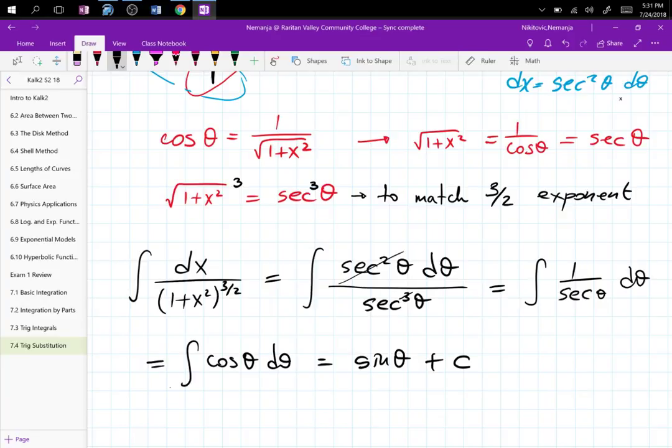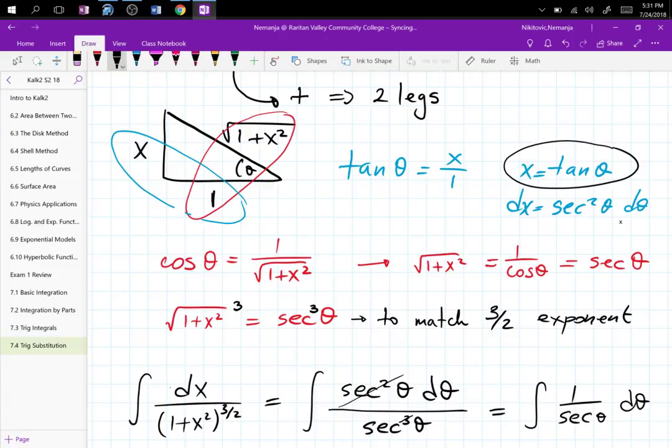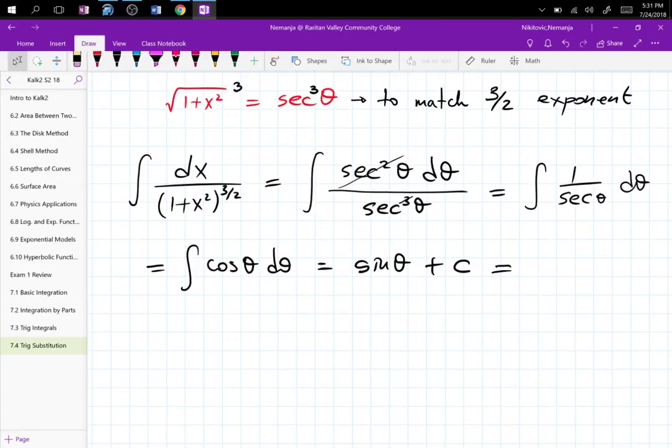We're not done. Why are we not done? Exactly, you have to go back to x. Now you're looking at your problem, and if you were to do this problem by memorizing what's given in a book, all you have is that x is tangent theta. Do you have a tangent theta in your answer? No. Yet the only thing you have in your head is the formula you memorized, right?